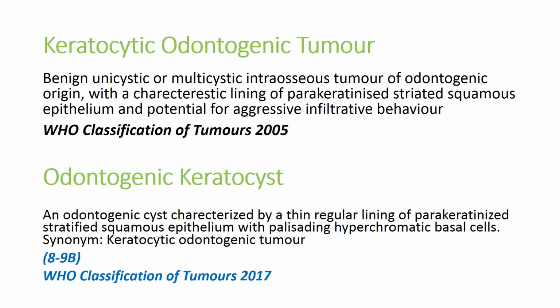The definition in 2005 said this is a tumor, but the new definition in 2017 says this is a cyst, characterized by a thin lining of parakeratinized squamous epithelium and some hyperchromatic basal cells.